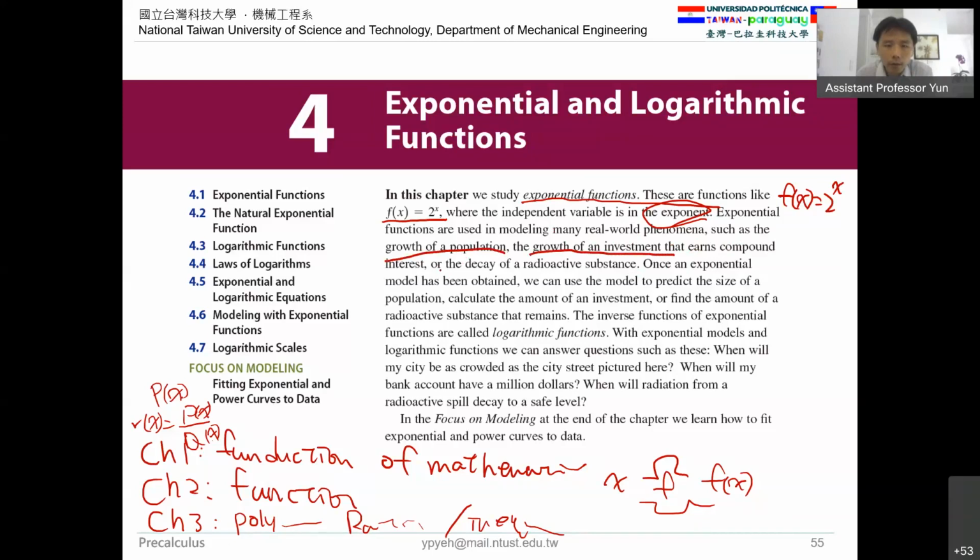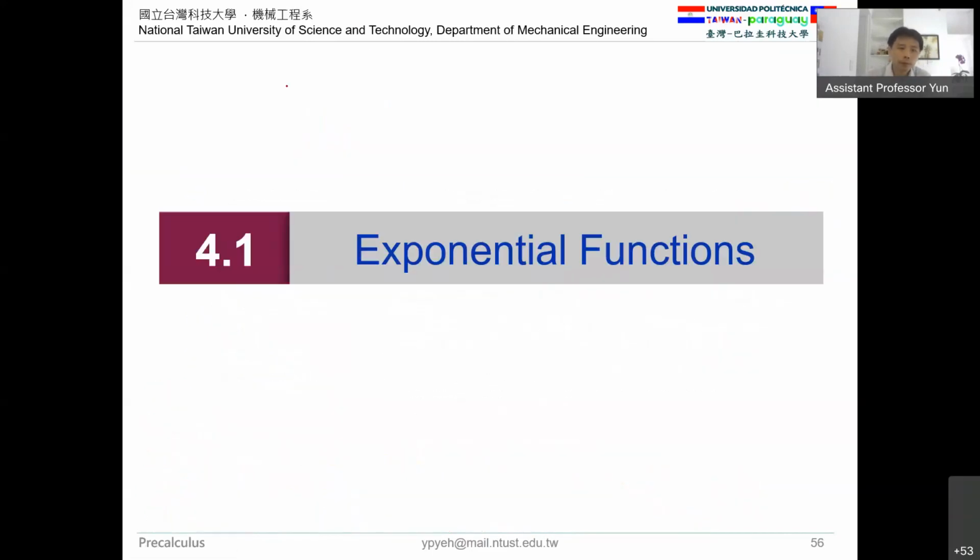Okay, and also the decay of radioactive substances here. Okay, and then maybe you can give some examples. For example, the growth of populations, okay, so that's not a good example.